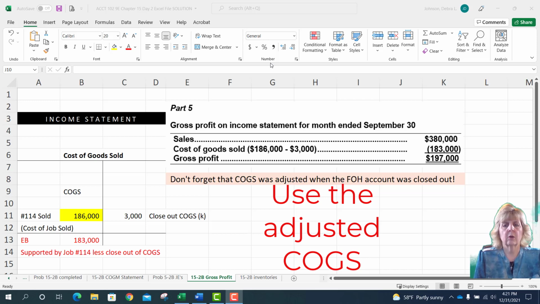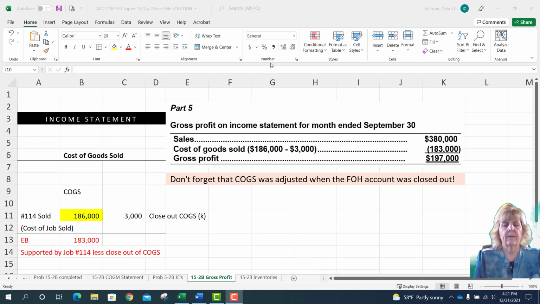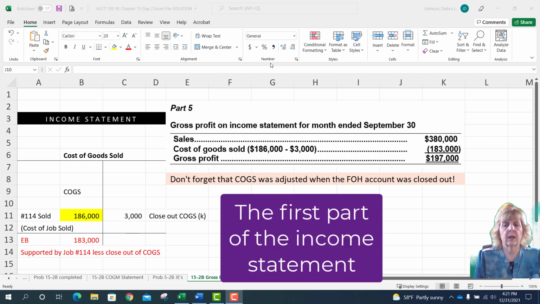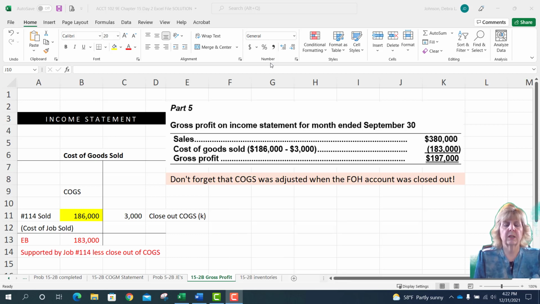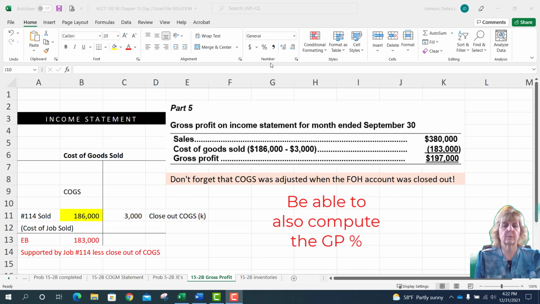In this case, the gross profit was $197,000, and those are the first few line items of what the income statement would look like. I would also encourage you to get into the habit of also calculating gross profit as a percentage called the gross profit percentage.